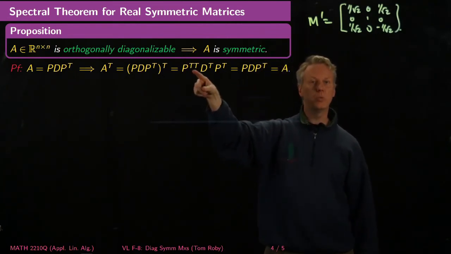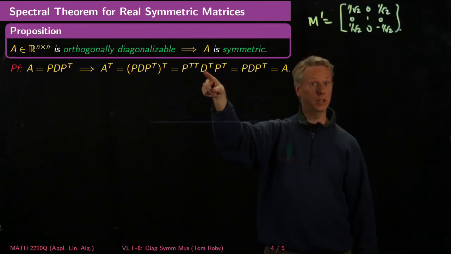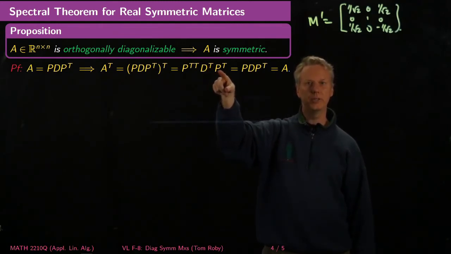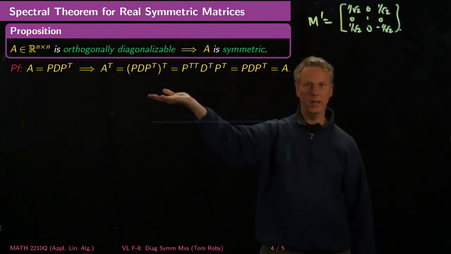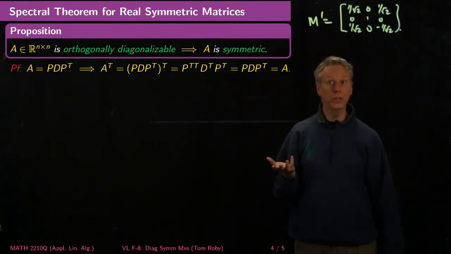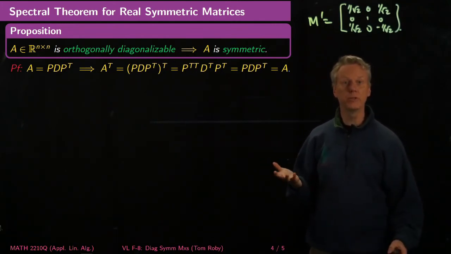Now, if you transpose something twice, you get back where you started. If you transpose a diagonal matrix, it doesn't change it, because there are no off-diagonal entries to worry about. And P transpose is just what it is, and that's just the same thing as PDP transpose, which is, of course, A. Okay? So you can only orthogonally diagonalize a symmetric matrix.